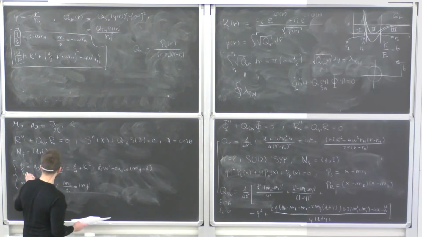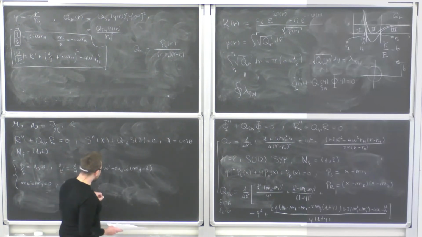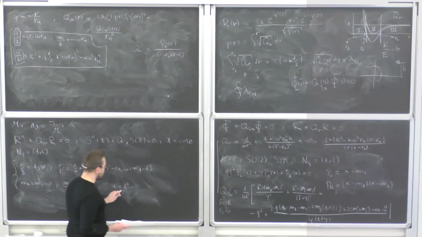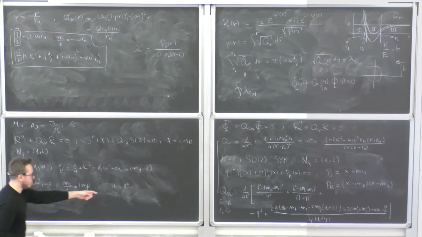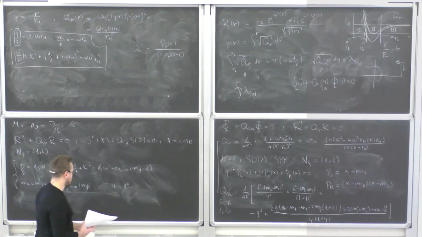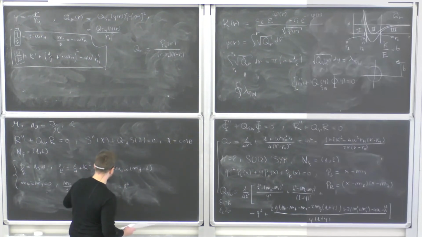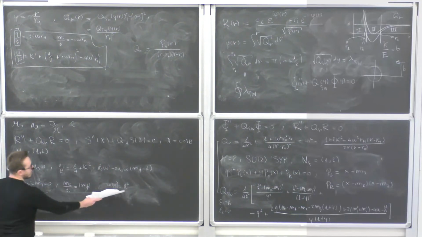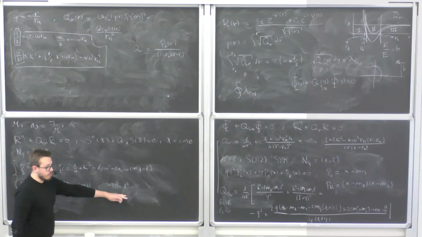But when q goes to 0, we know that the following relation holds between u and a. So u of q equal to 0 from the gauge side is equal to a squared. So I can find a relation for a, which is very interesting.